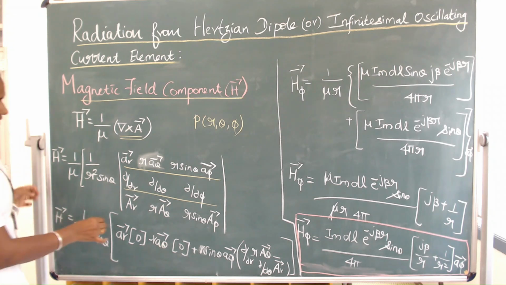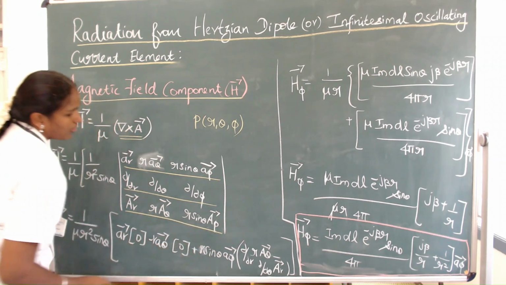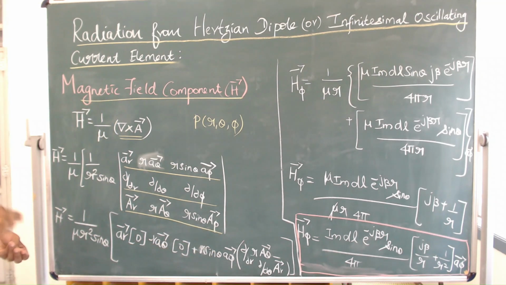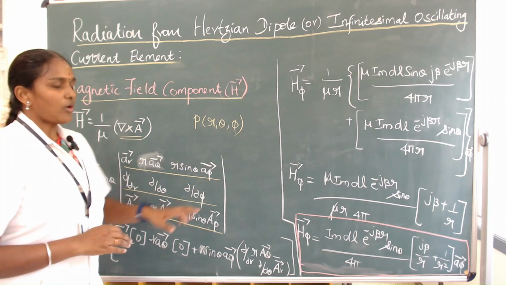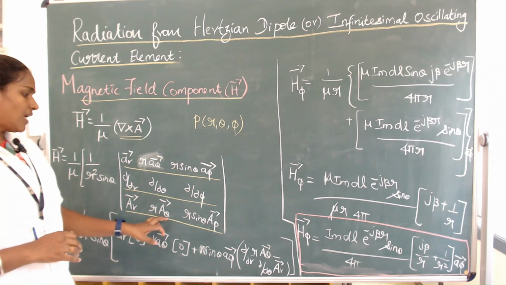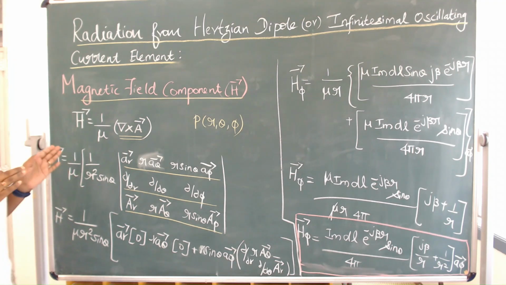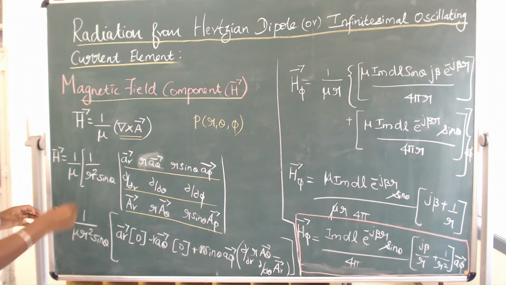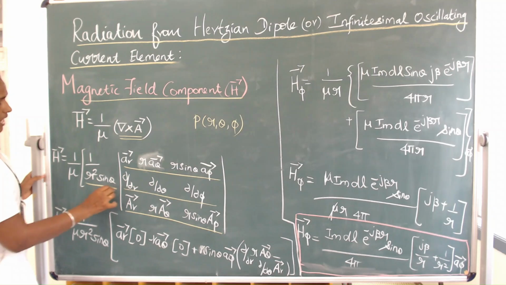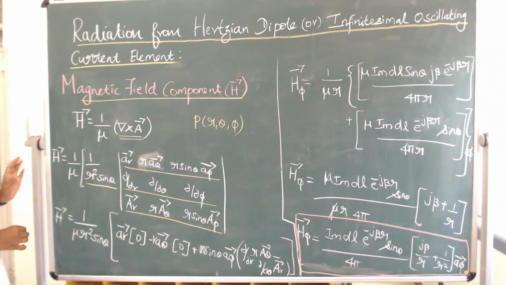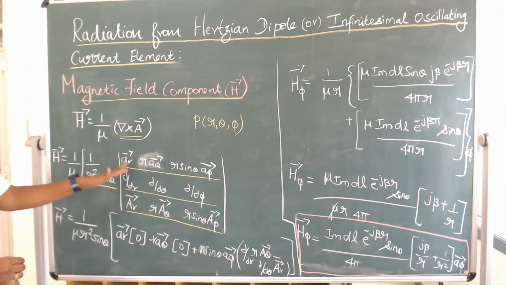The third row is full of the corresponding potential components: A_r, r times A_theta, r sin theta times A_phi. This is the general form of the determinant for the spherical coordinate system, multiplied by the term 1 by r square sin theta. The next step is to expand this determinant.